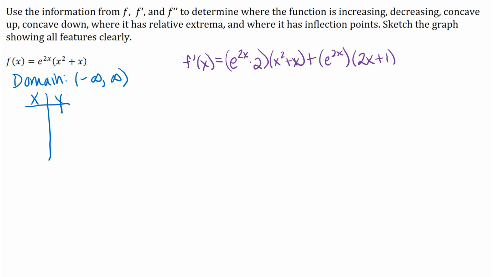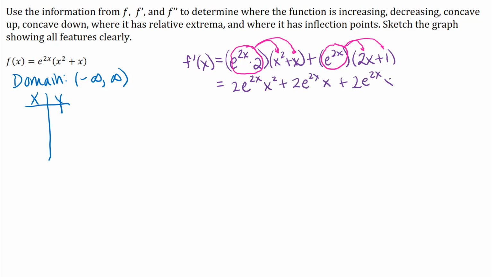Before I take a second derivative or do anything with that first derivative, I'm going to want to clean that up. So there's a little bit of distributive property I can do. I'm going to think about distributing this 2e to the 2x through to both of those terms. And then I'm also going to distribute the e to the 2x through to both of those terms. After I do that, you might notice that you have some like terms here in the middle.